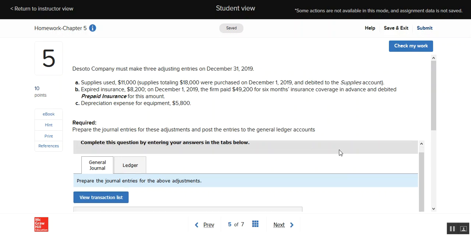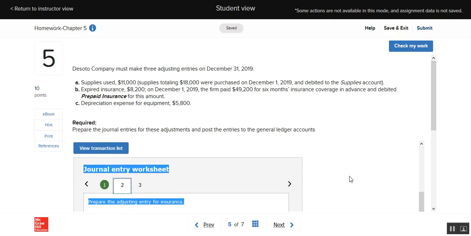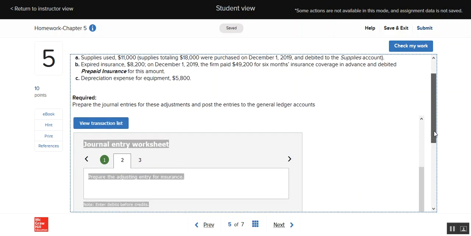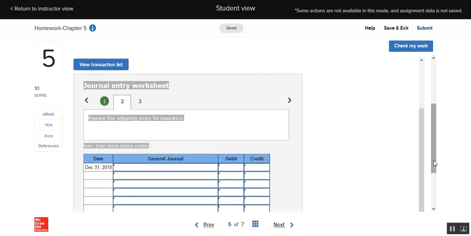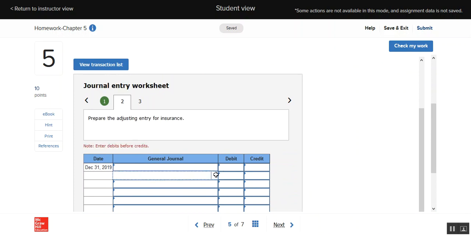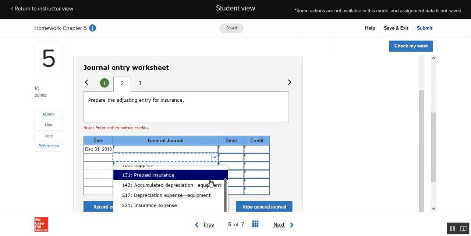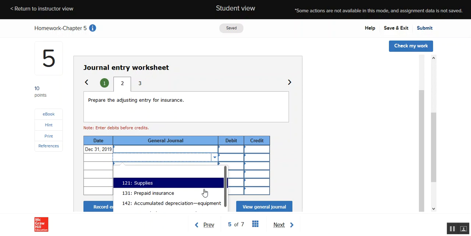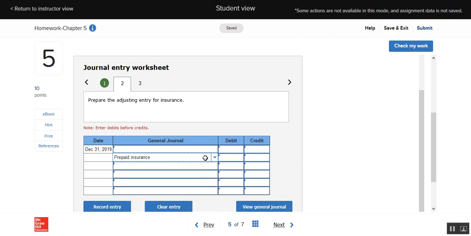So I'm going to go down here to our worksheet. And it says prepare the adjusting entry for insurance. So to begin with, when we recorded that insurance asset, we recorded it as prepaid insurance, and that was a debit. So to remove some amount out of that asset account, we're going to credit prepaid insurance.